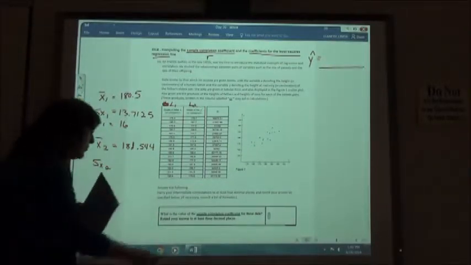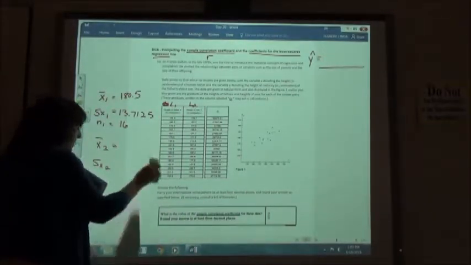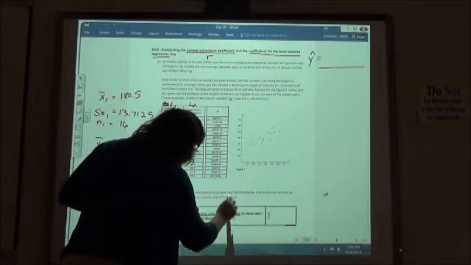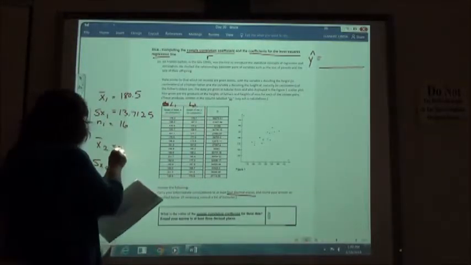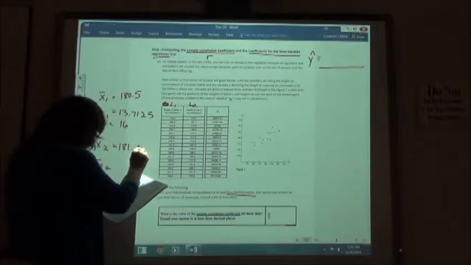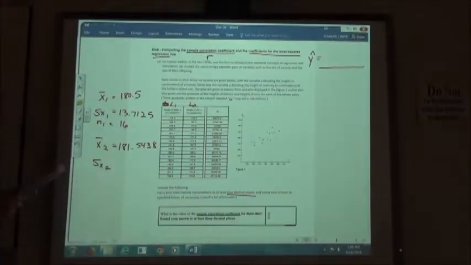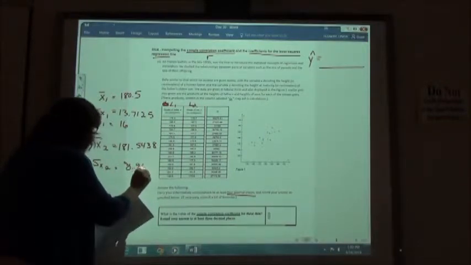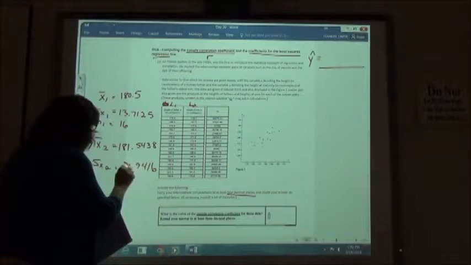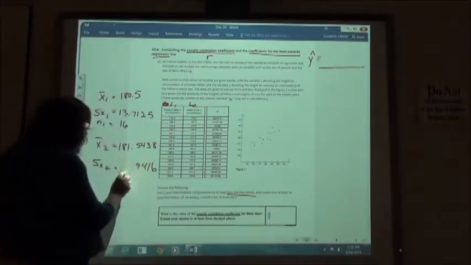We need to carry intermediate calculations to 4 decimal places, it says on this one. So 181.5438. My standard deviation, 8.9416.